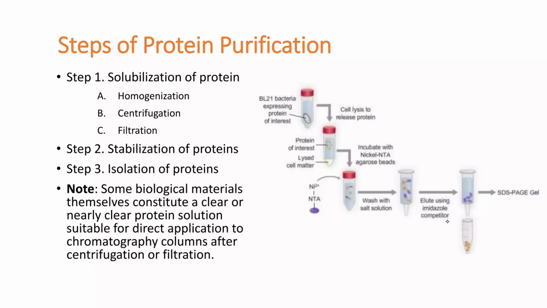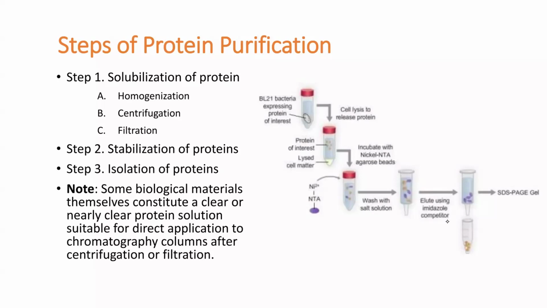So you see, in the first step you start with the solubilization of the proteins, and this comprises homogenization, centrifugation, and then filtration. After filtration comes stabilization of the proteins, and lastly the isolation of the proteins. Some biological materials themselves constitute a clear or nearly clear protein solution suitable for direct application to chromatography columns after centrifugation or filtration.